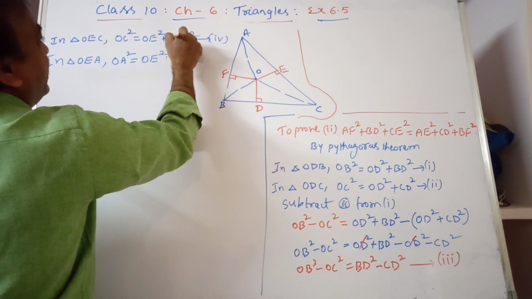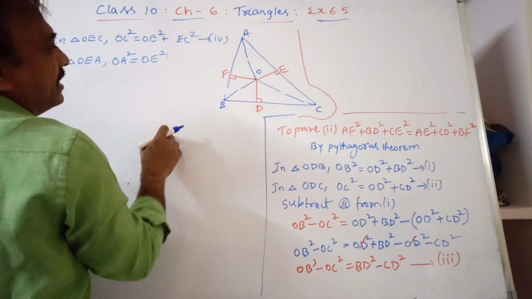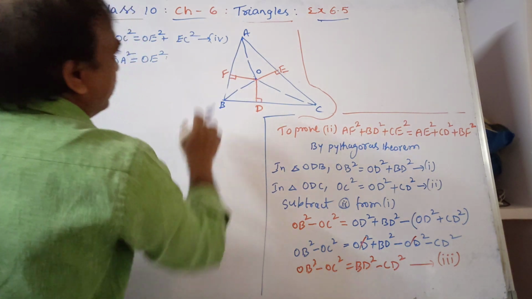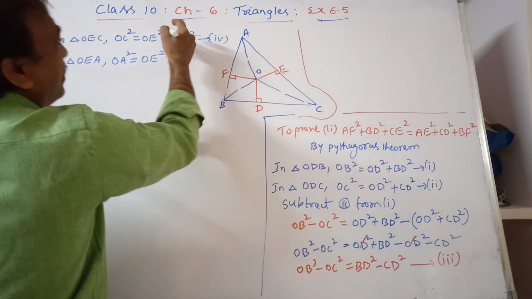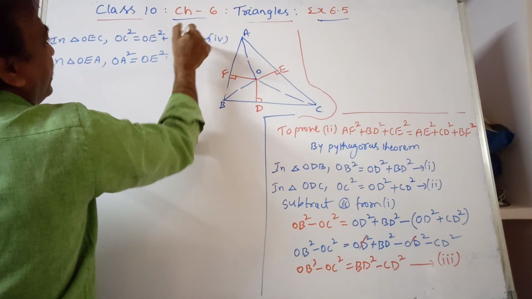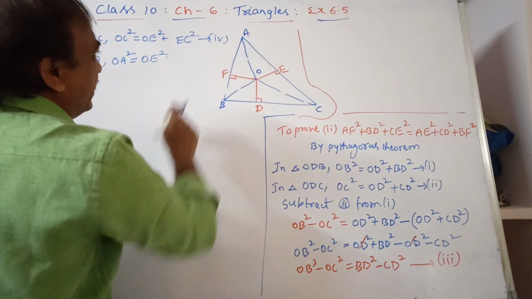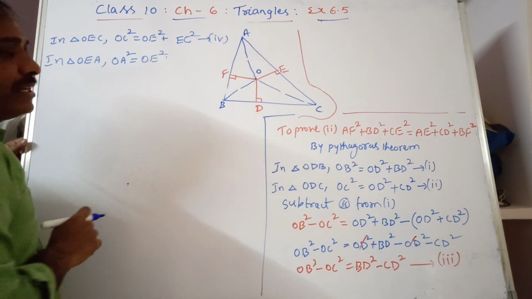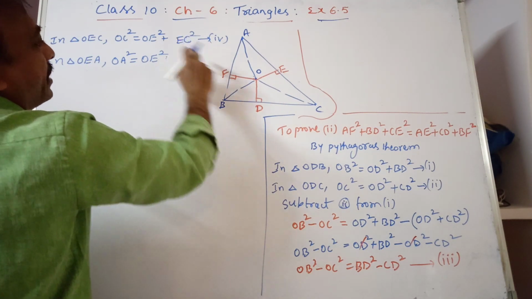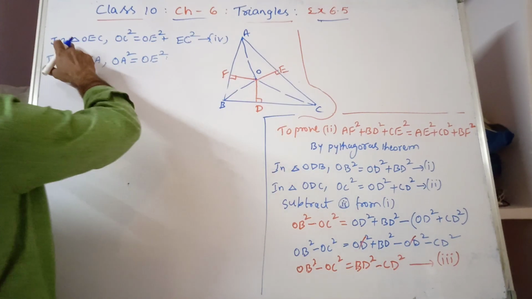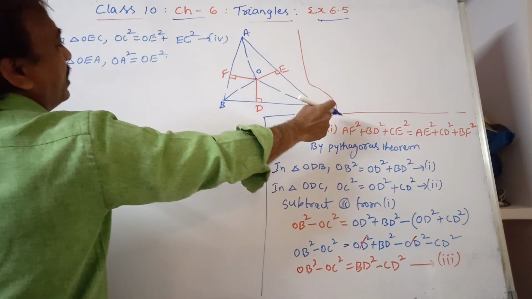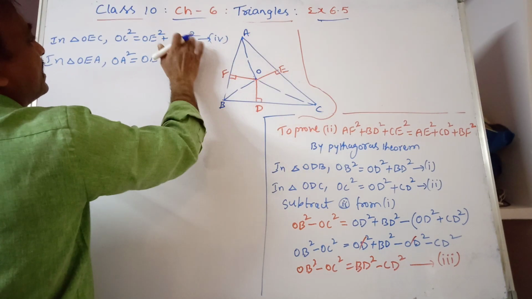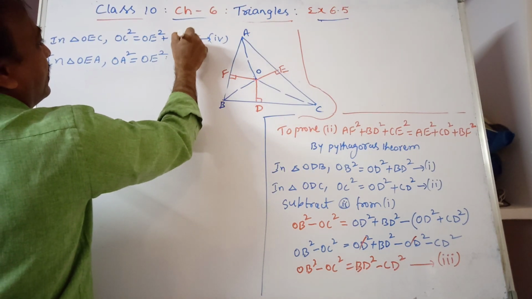We used the OEC triangle, so EC square. Are you following? EC square or CE square, you can write anything. Clear? In this OEC, OC square is equal to OE square plus EC square or CE square, which is given as CE square.